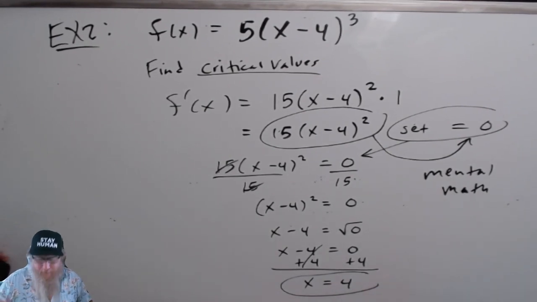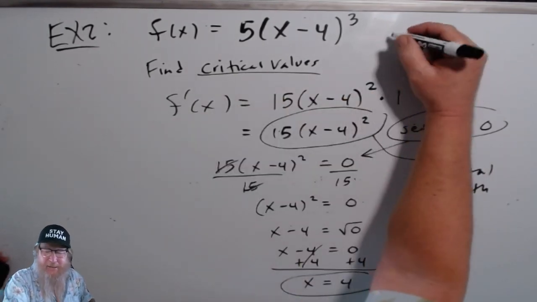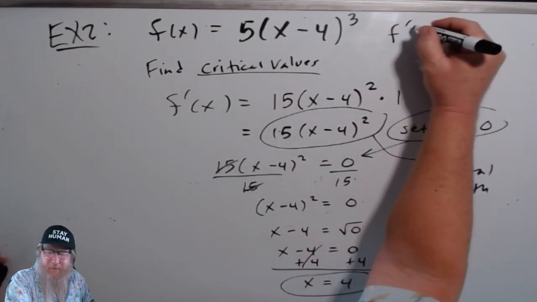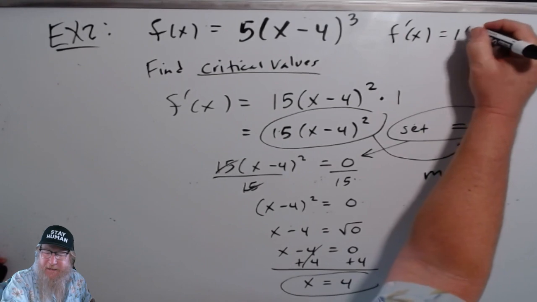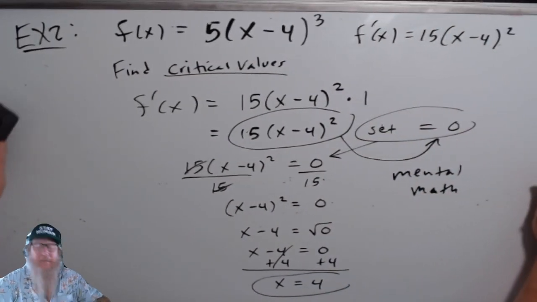Okay. So that's it. We have one critical value. So let's do the sign test. All right. I'm going to erase this. So let me go ahead and write my derivative up here. It's 15(x minus 4) squared.